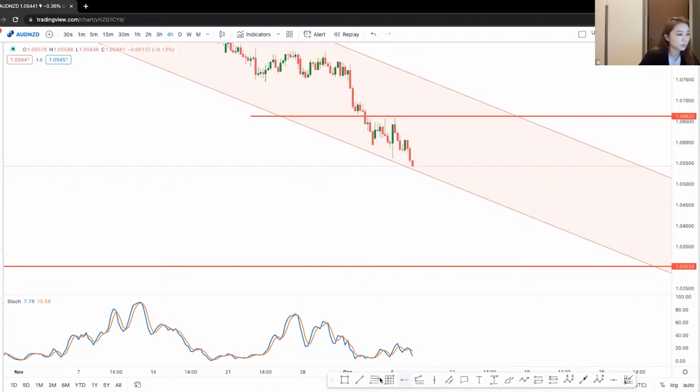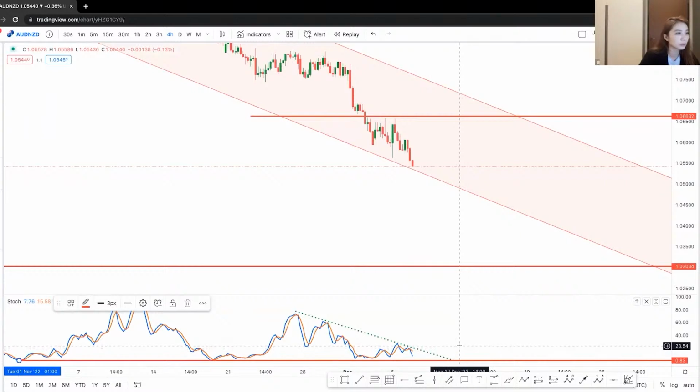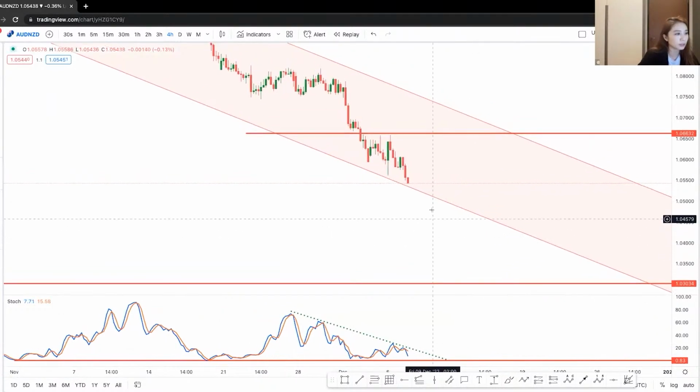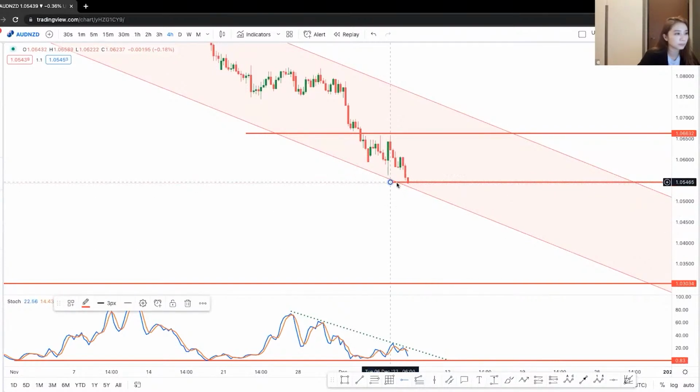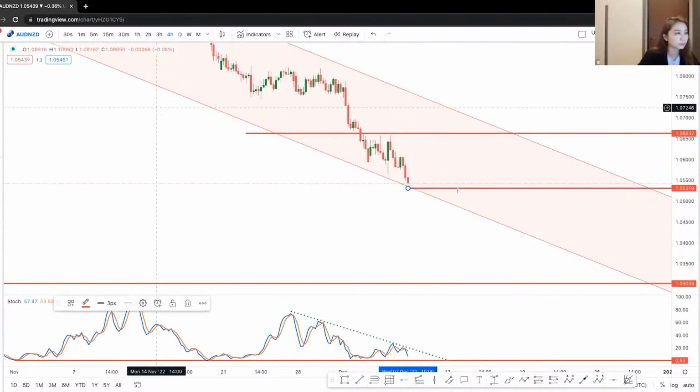No chance of divergence. We are still looking at a downward slope even on the stochastics and a lot of close support levels. However, I do see that there's a chance for a small bounce up. However, I don't think it is worth the risk.